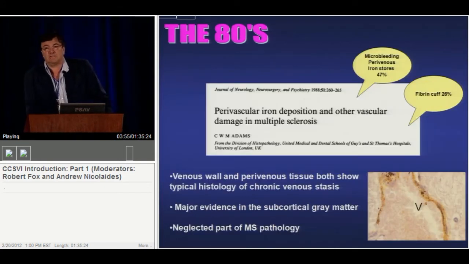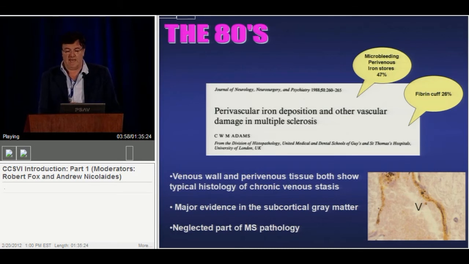In the 80s, there was a fantastic observation in London due to Adams, who was a professor of histopathology in St. Thomas Hospital in London, and he found microbleeding and perivenous iron stores in 47% of his material, especially in patients who died for other causes with relative early onset of the disease.